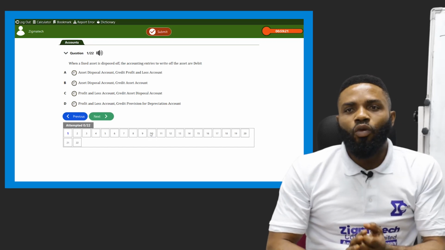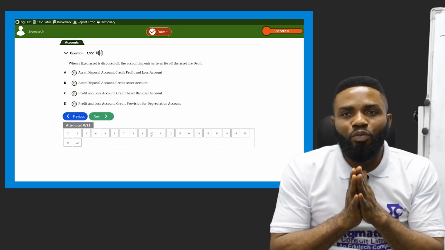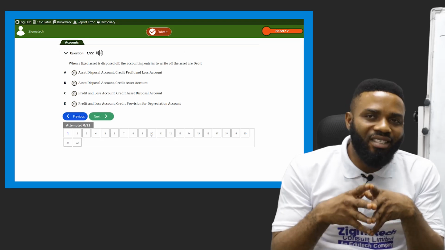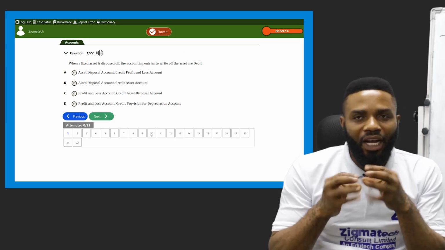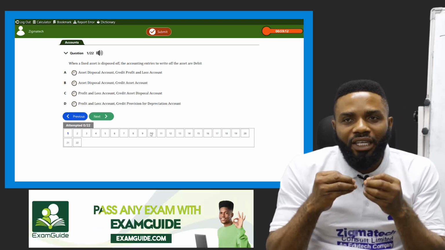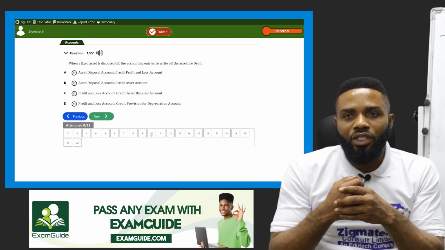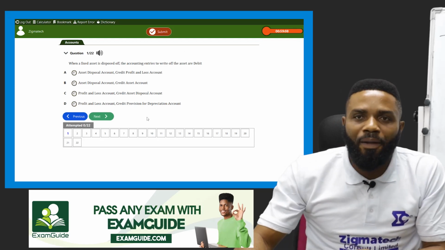That is the answer. When an asset is disposed of, you debit the profit or loss account, and then you credit the provision for depreciation account. That's D.